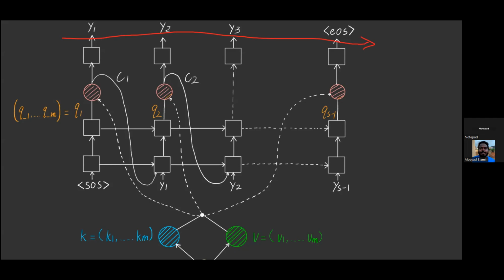We just continue until we hit an end of sentence token, which is not natural to the text, but is similar to the SOS token, which we used previously to initialize our decoder. So you start with an SOS and a zero context vector, and then you start your decoder part.